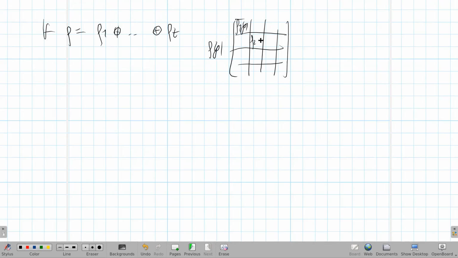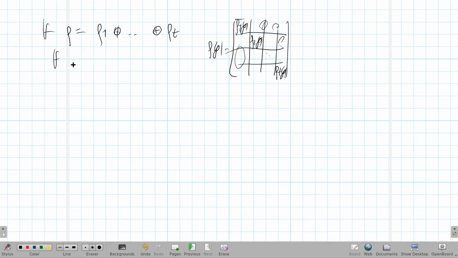That rho of g is a block-wise matrix, 0 everywhere except here. And so, of course, if you take the trace, it is the sum of the elements on the diagonal. So the trace of rho g will be the trace of rho 1 of g plus the trace of rho 2 of g plus the trace of rho t of g, because I'm looking just at the diagonal.